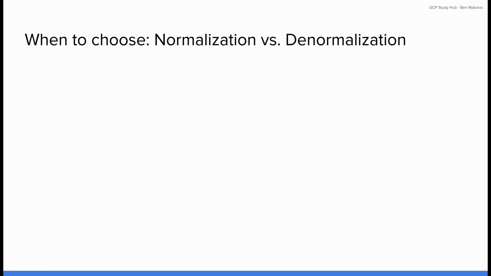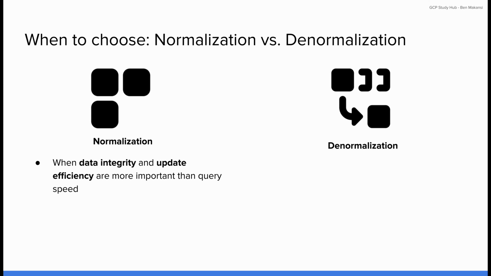So how do you decide between normalization and denormalization? Well, the choice depends on the needs and priorities of the system that you're designing. You would choose normalization when data integrity and update efficiency are more critical than query speed. This is particularly important for systems where maintaining consistent, accurate data is a top priority, as normalization minimizes redundancy and ensures that data is only updated in one place.